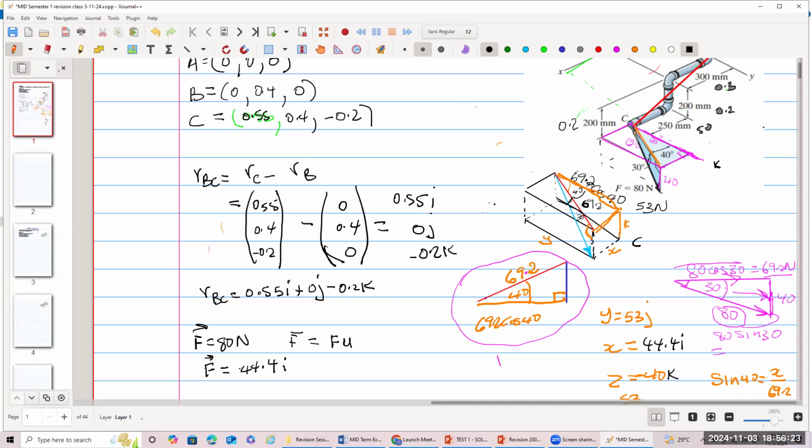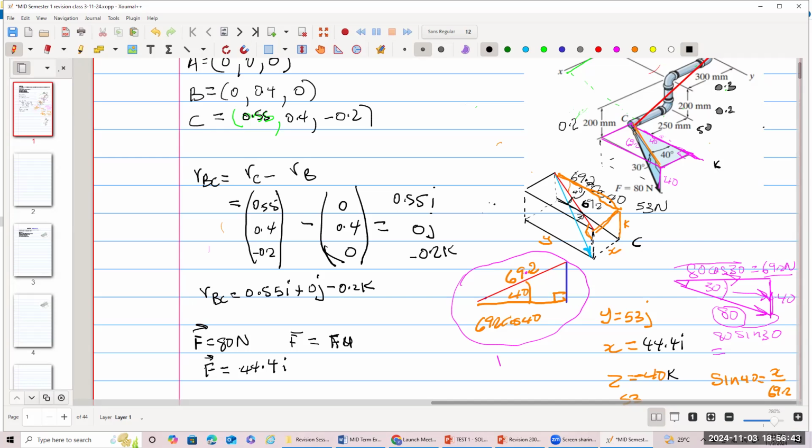So 44 I times, so it's 80 times this. The F here represents the 80, and this represents the unit vector. So we're just writing it out simply now.